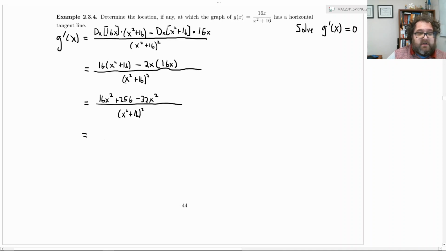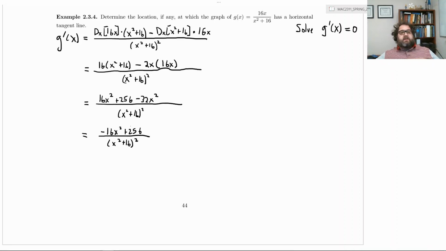And now collect a couple like terms. And we get what? 16x squared minus 32x squared. That's going to be negative 16x squared plus 256 over x squared plus 16 squared. So there is our cleaned up derivative. Of course, we're not done.